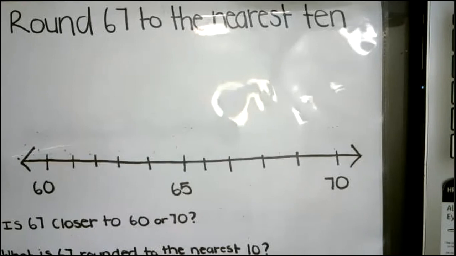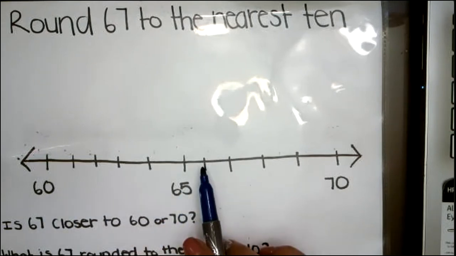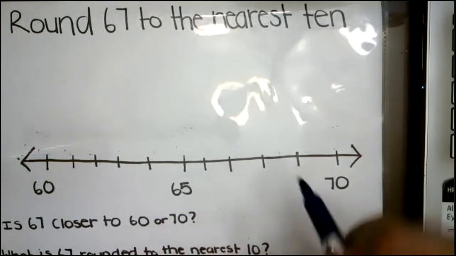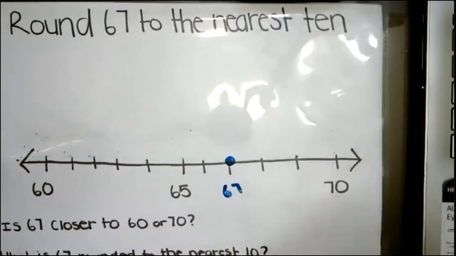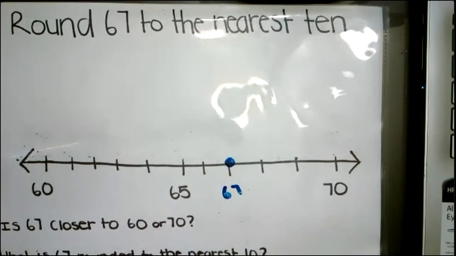Now let's do another example. Our next example is round 67 to the nearest 10. What's our first step? We need to find the number 67 on our number line. So we have 60, 65, 66, 67. I'm going to mark the number 67 on my number line.